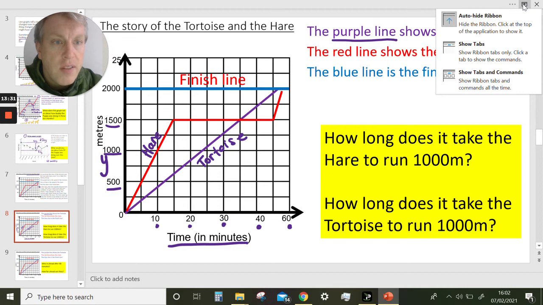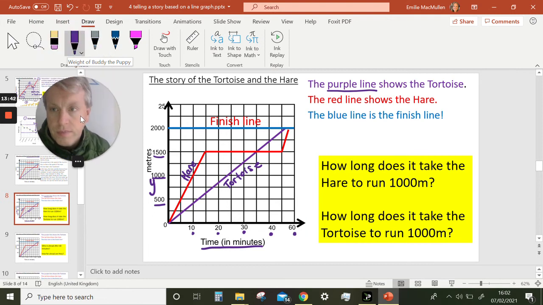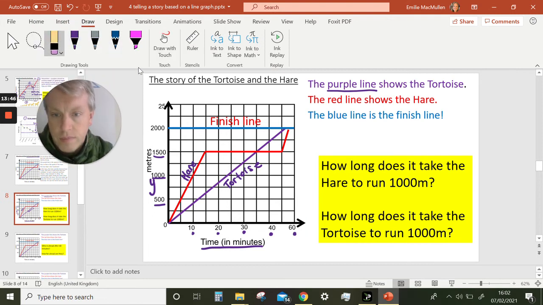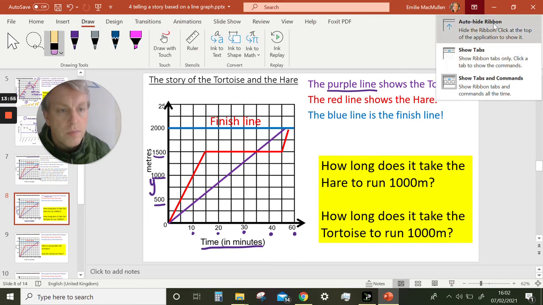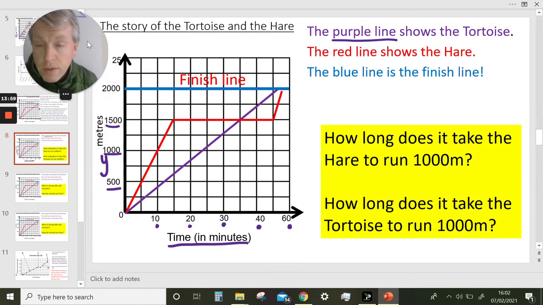How long does it take the hare to run 1,000 metres? Well, have you tried to work it out? I hope so.